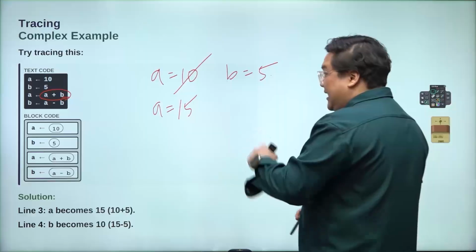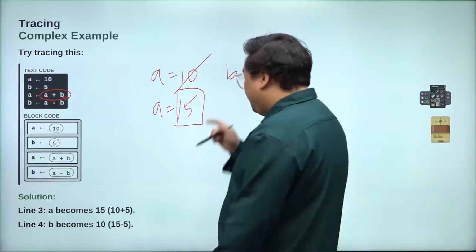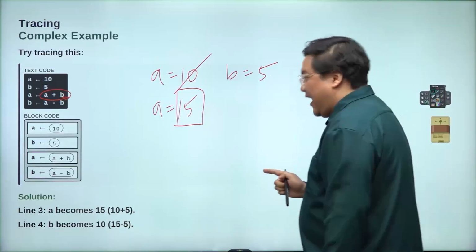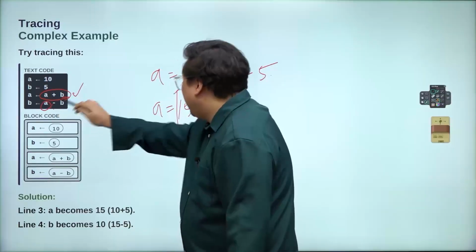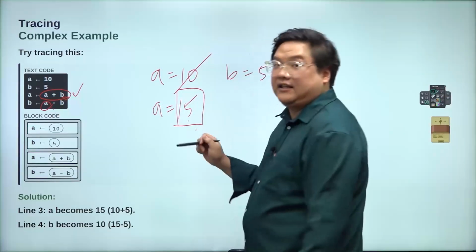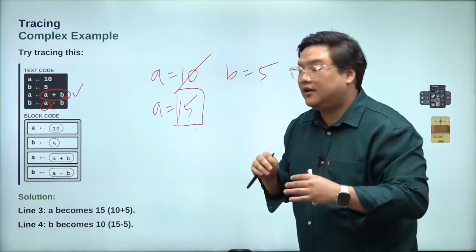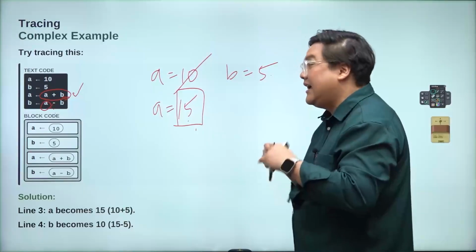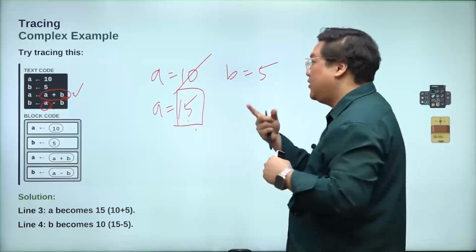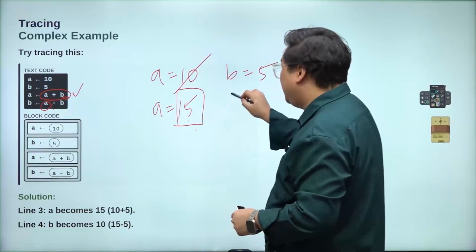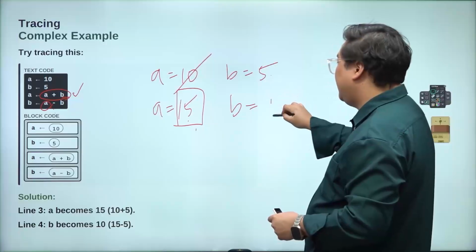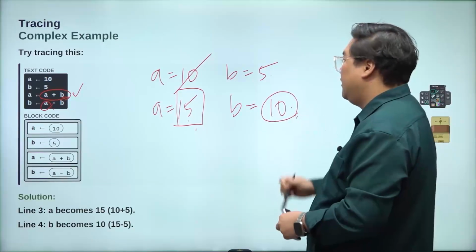And now b will use the updated value of a, because a was updated here. So here a is not 10, a is 15. So we're going down in order. We always have to use the updated values as we go down the code. So a will be 15, so that means b will be 15 minus 5, so it will be 10, okay?